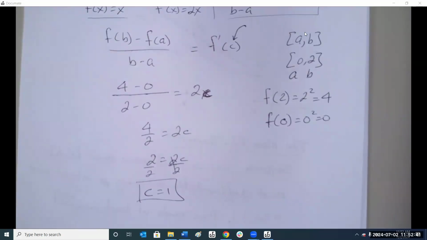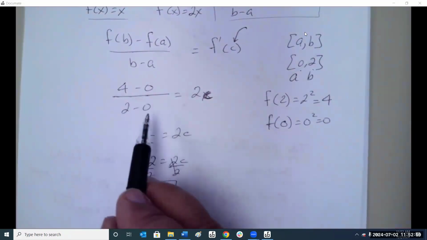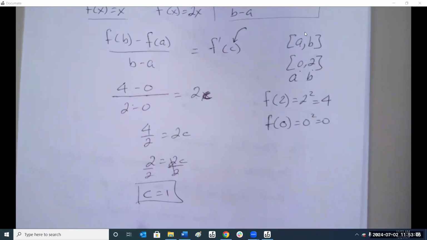Is that a valid answer? Why? It's inside the domain. Yeah, it's between, and so that means both of these slopes are the same. The slopes are the same only when x equals 1.